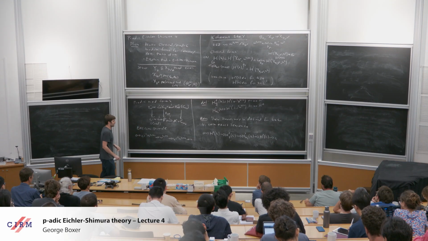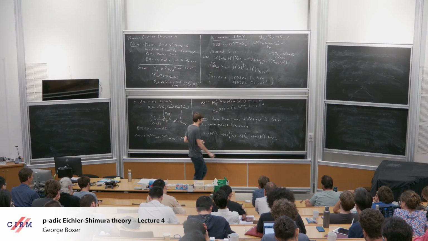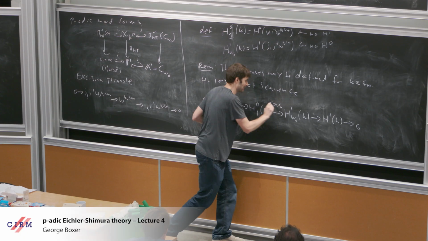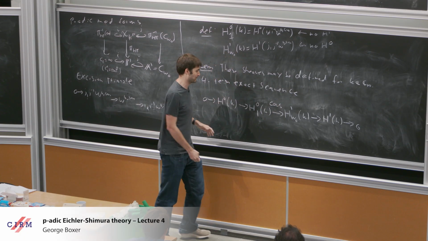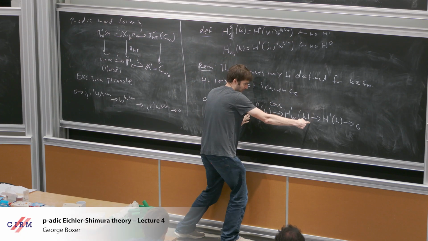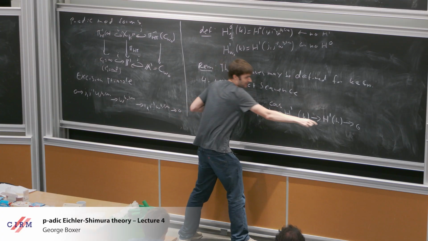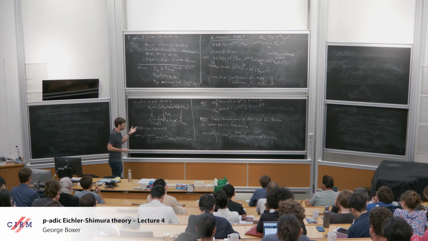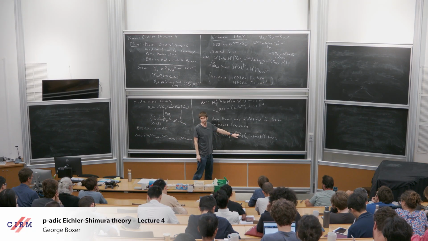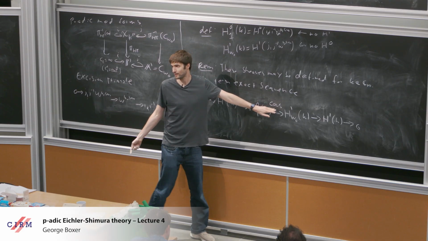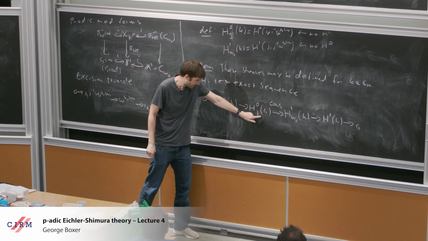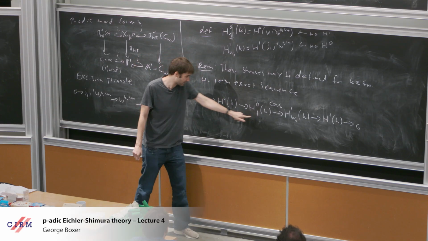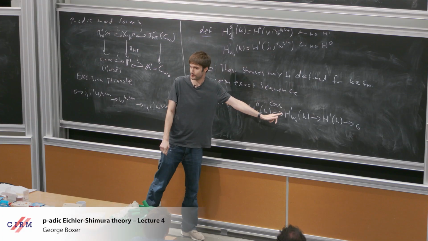And we call this boundary map, for some reason that I don't really want to explain in this talk, the Coleman map, and we call this 2-term complex, which computes the classical cohomology, the Coleman complex. But the point is that this Coleman map knows what is a classical modular form. Because if you have an overconvergent p-adic modular form, it's classical if and only if it's in the kernel of this Coleman map.